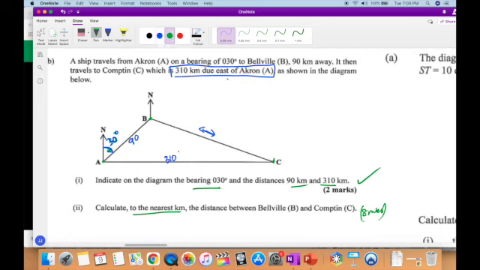That is very good, because remember we have north here and east here, and north to east is 90 degrees, and that is why they said due east. So if C is really due east, then this here is 90 degrees, and if that is 90 degrees and this is 30, this is going to be 60 degrees.